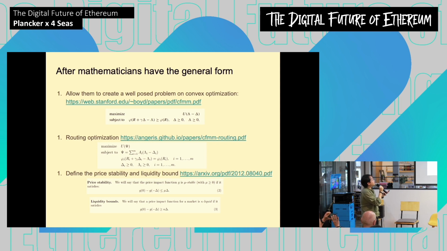And then it allows them to work on maximizing or minimizing a utility function. It can be anything, like maximizing the profit for an arbitrage bot, and also routing optimization.